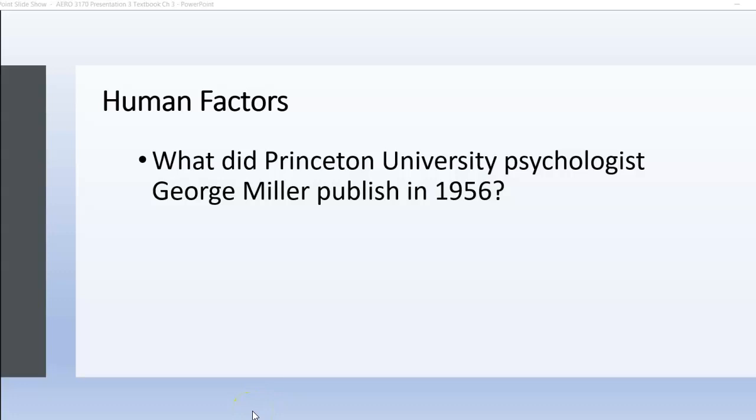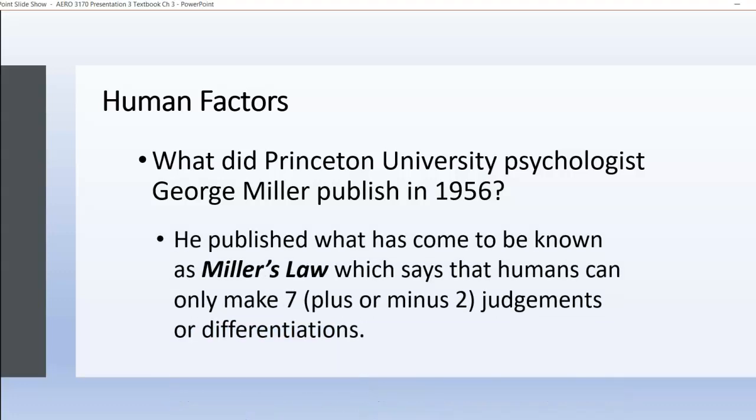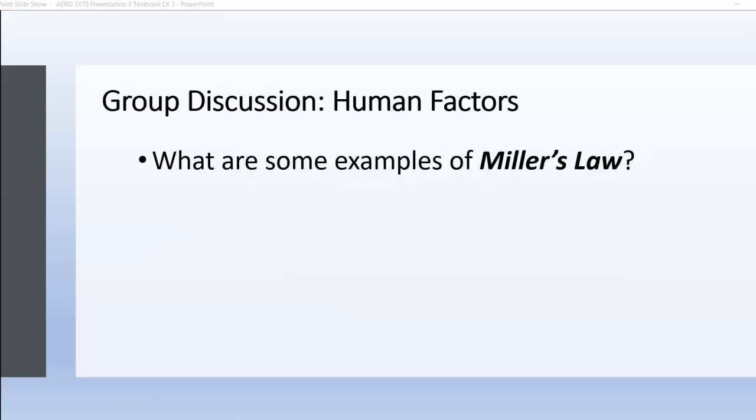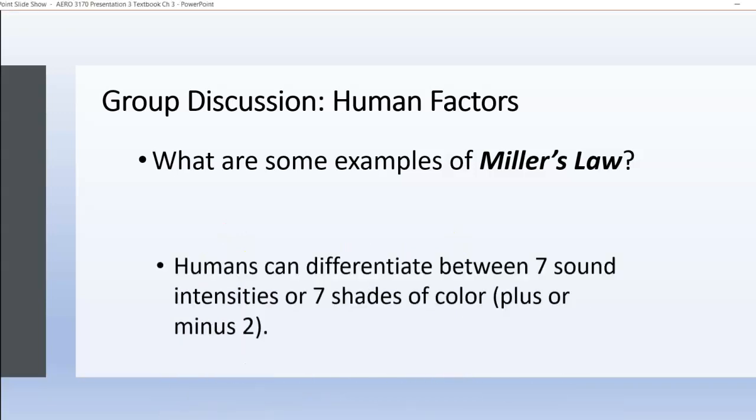Princeton University psychologist George Miller published in 1956 what is now known as Miller's Law. And that law says that humans can only make 7 plus or minus 2 judgments or differentiations. So what does this have to do with aviation safety? What are some examples of Miller's Law?